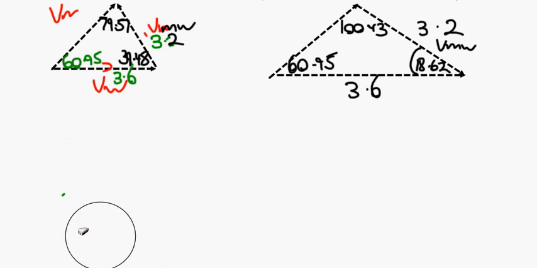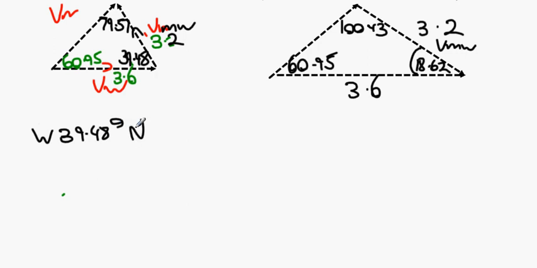The two directions we could have set off in was west, because remember the velocity of the man in water is going west and then north, so it's going to be west 39.48 degrees north, okay, or the other one is west 18.62 degrees north. Okay, so there's your two times there.